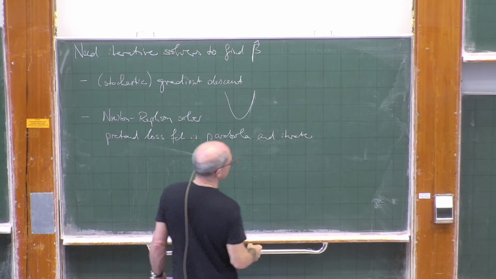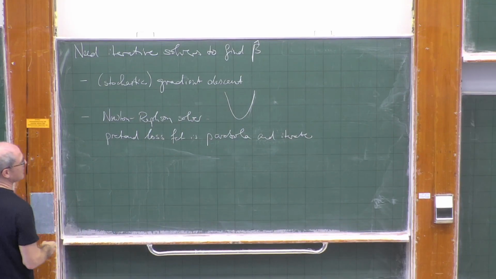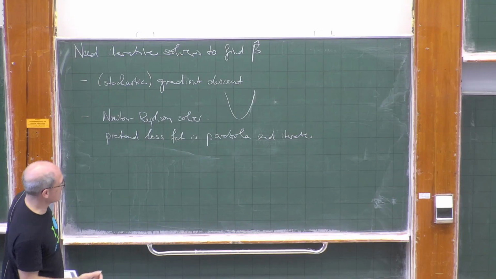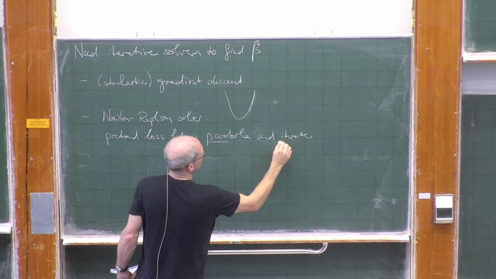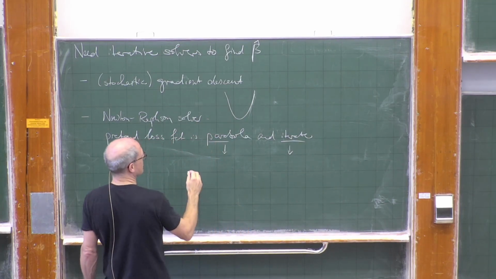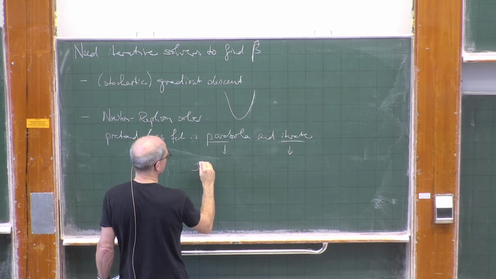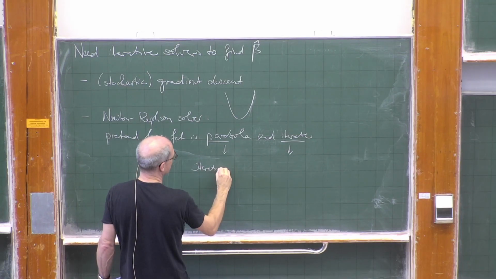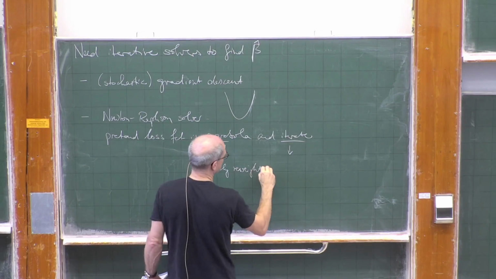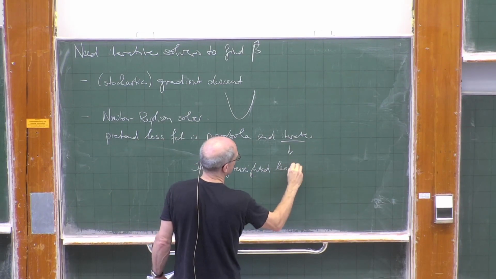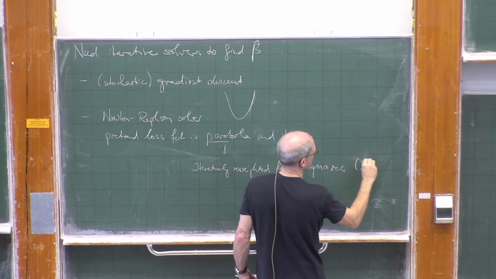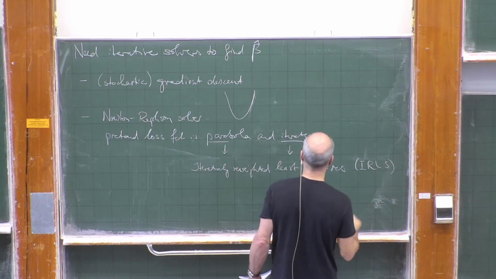This gives an algorithm which is also known by a different name: iteratively reweighted least squares, or IRLS for short.